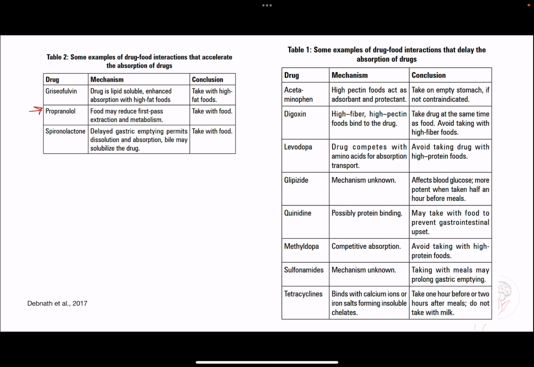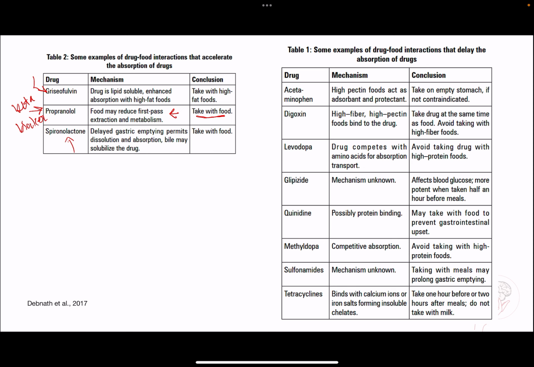Propranolol is a beta blocker, sometimes also used for anxiety. Food may reduce first pass metabolism and extraction. It is recommended to take this with food. Similarly, spironolactone and griseofulvin.